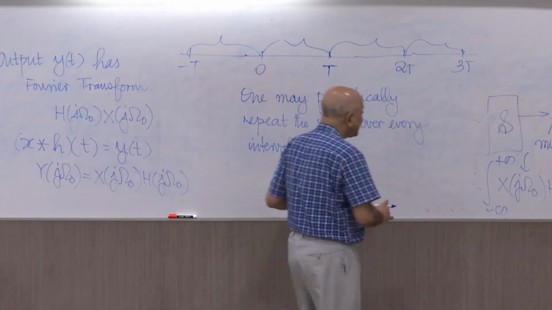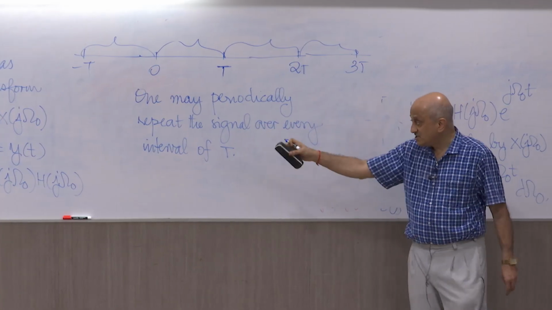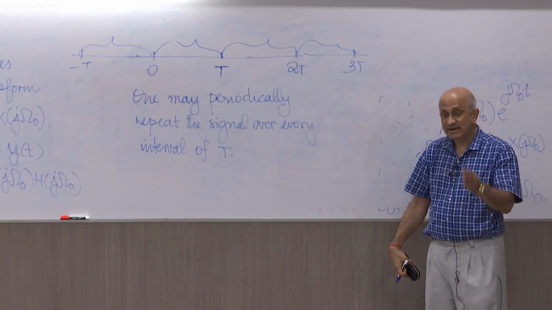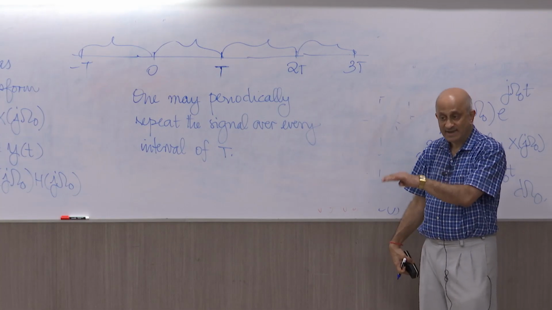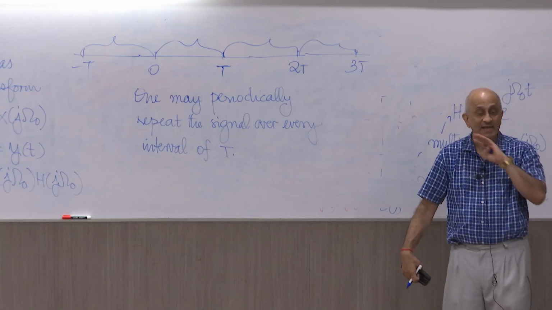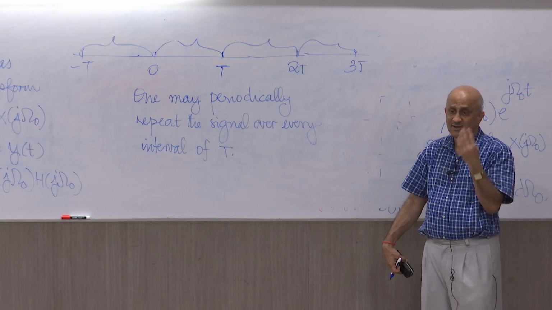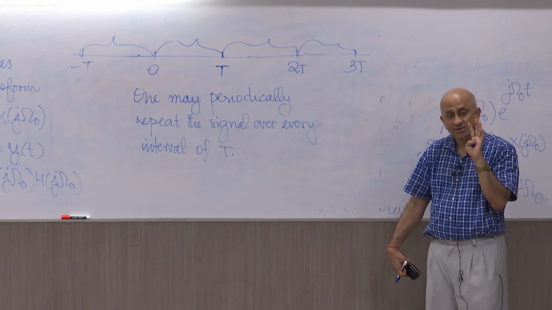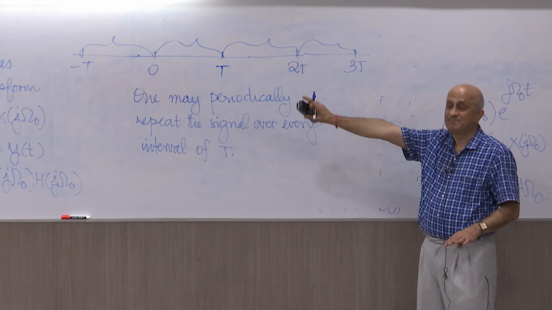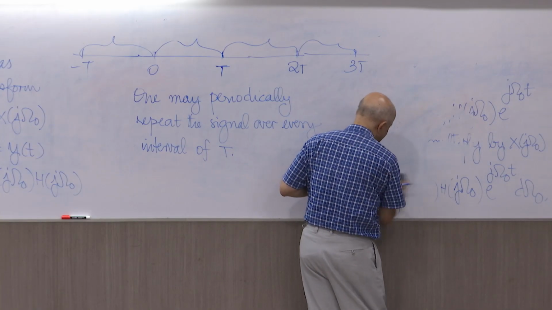So instead of trying to reconstruct, when you were initially reconstructing in the inverse Fourier transform, how do you reconstruct the signal? You said, I multiply the component by the unit vector in the direction of the component and sum over all such components, or integrate over all such components. Now I am saying, I don't need to take all the angular frequencies, all the phasors with all possible angular frequencies. I need to consider only those angular frequencies which have multiples or submultiples of this period, which means the frequencies which are multiples of 1 by t.